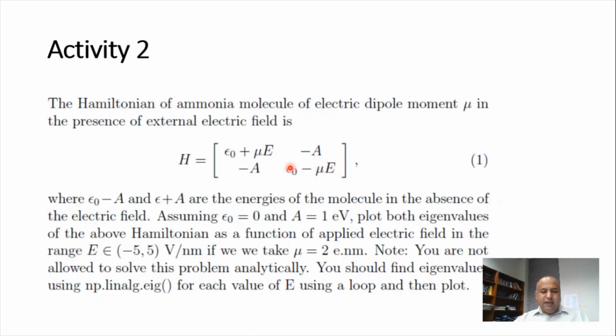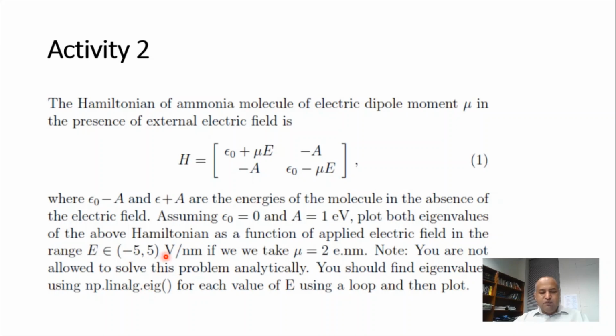One list will have the first eigenvalue corresponding to each value of electric field, and the second list will have all the second eigenvalues corresponding to the same values of electric field, and then plot those eigenvalues.